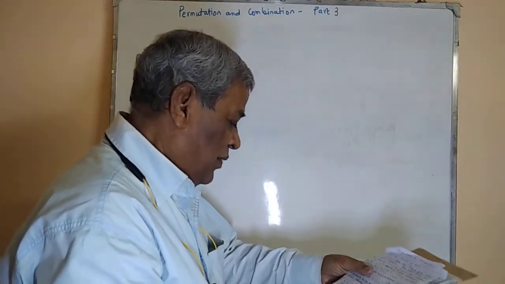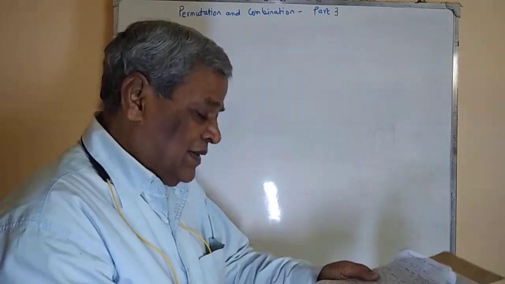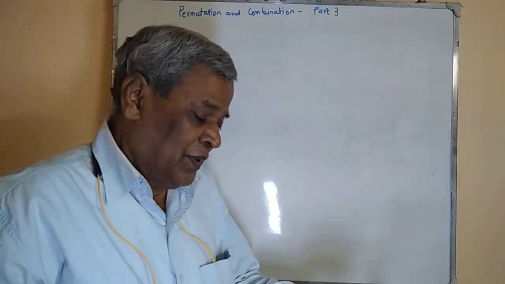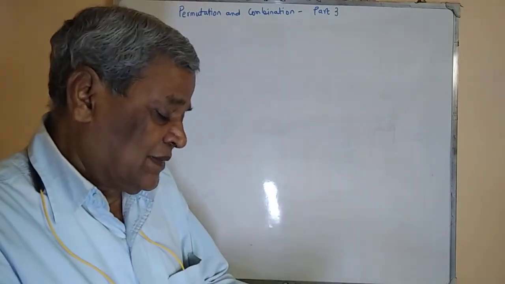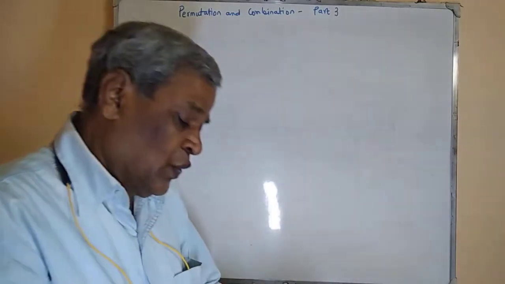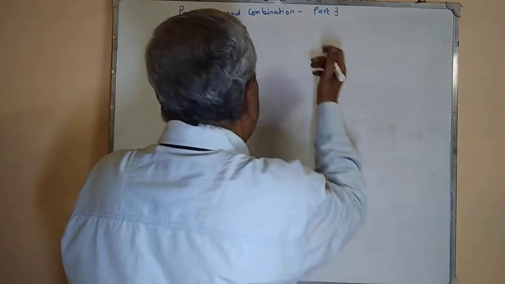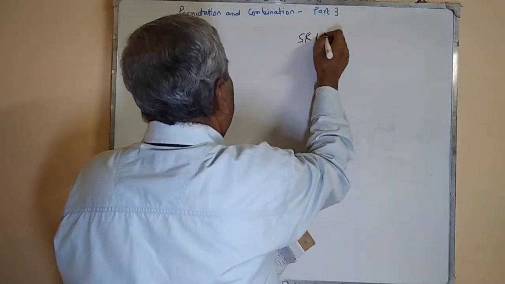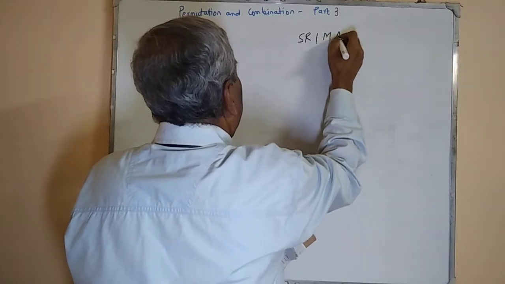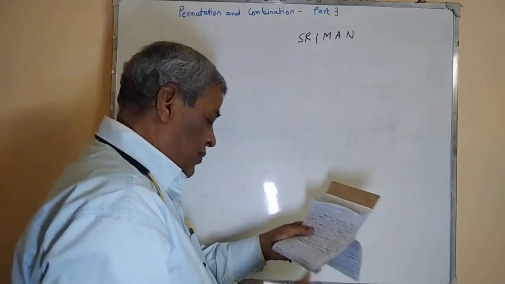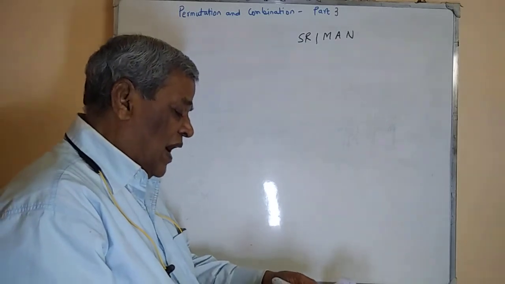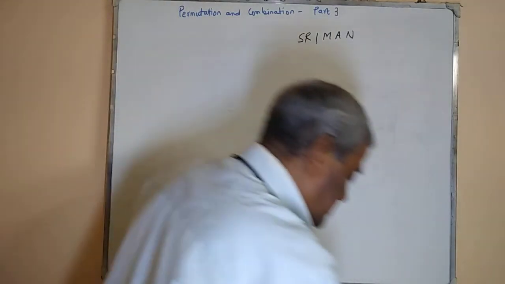Today our first problem is the number of words that can be formed using all letters, each once only, of the word Sriman, so that vowels are not together.